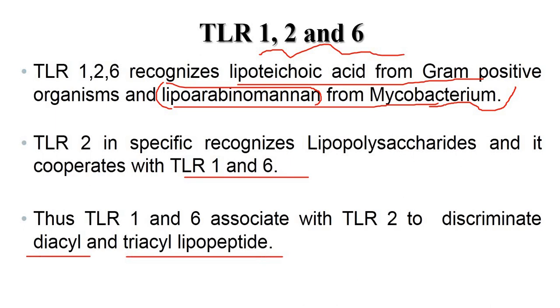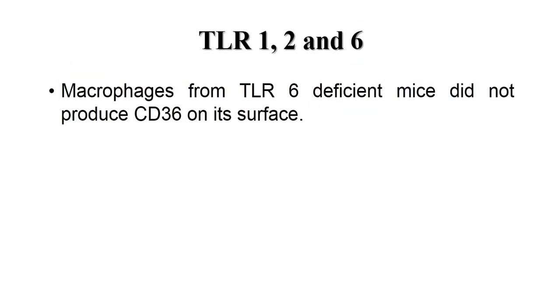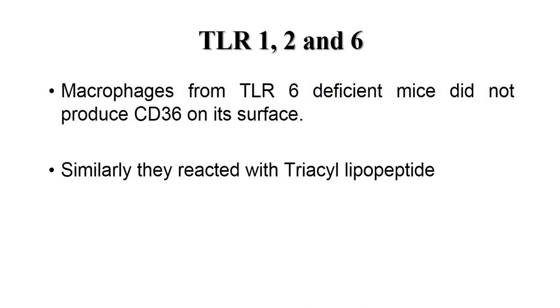Further, we cannot forget the role of macrophages. A monocyte, when it invades tissue, becomes a macrophage. Macrophages from TLR6 deficient mice did not produce CD36. So this is experimental proof that TLR6 is important for expression of cluster of differentiation 36 on the surface.